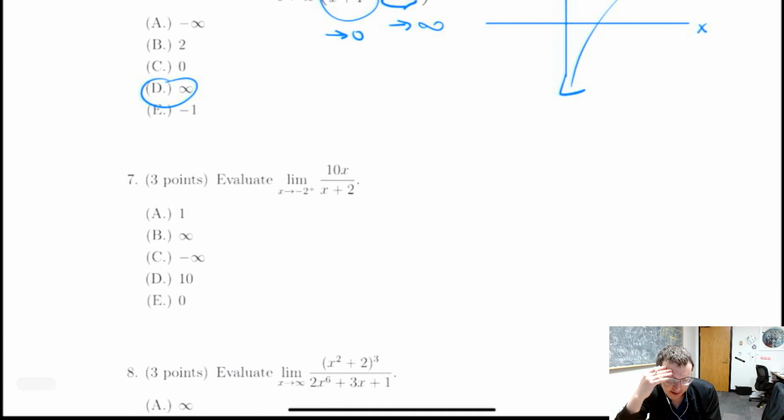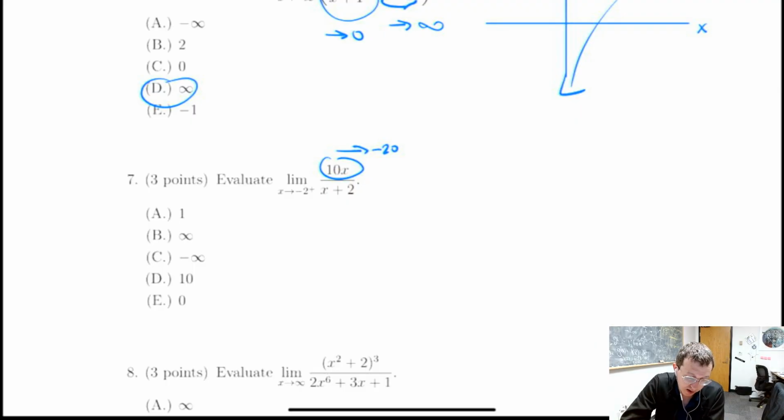Okay, limit as x approaches -2 from the right of 10x over x plus 2. So this 10x is approaching negative 20.